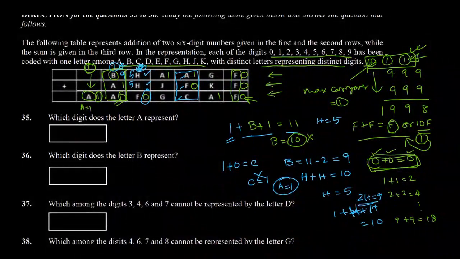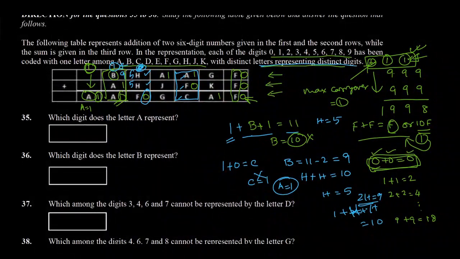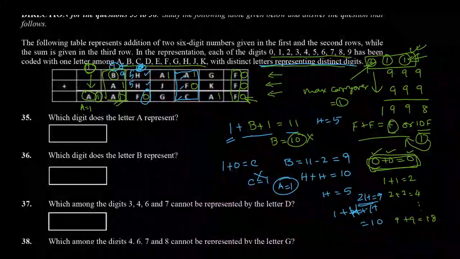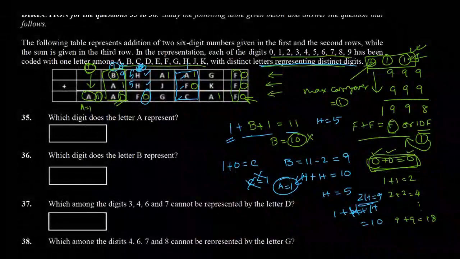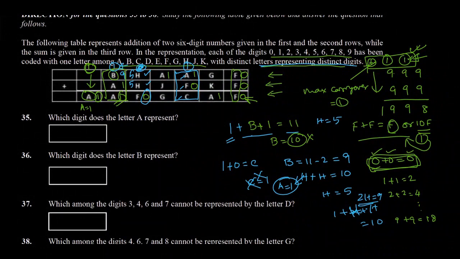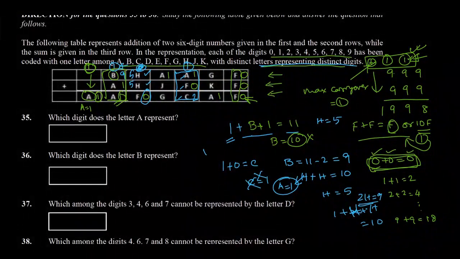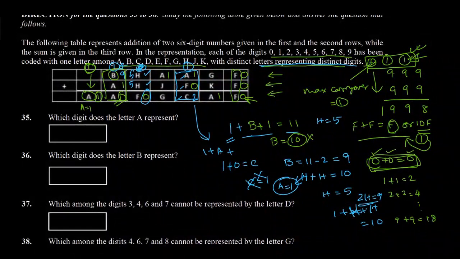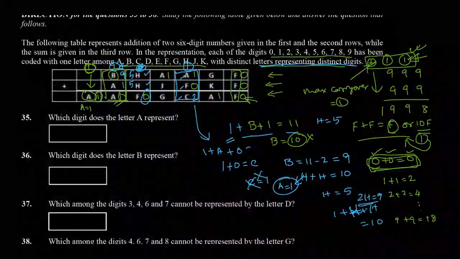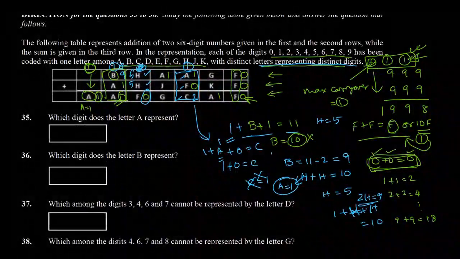C cannot be 1 because it is told that each of the letters represents a distinct digit. So since A is already 1, C cannot be 1. So therefore there has to be a carryover in this column, which makes C equal to 2, because 1 plus A plus F, which is 0, is equal to C. So A is 1, so C is equal to 2.